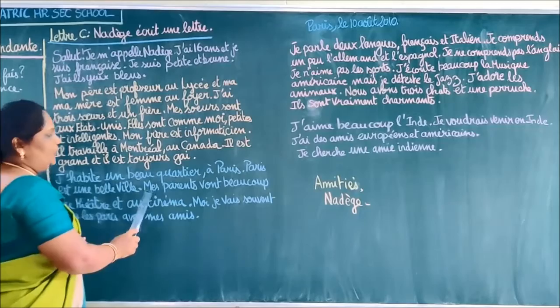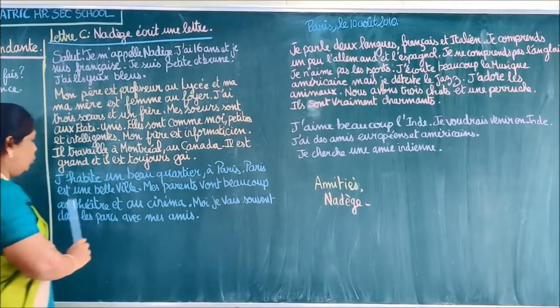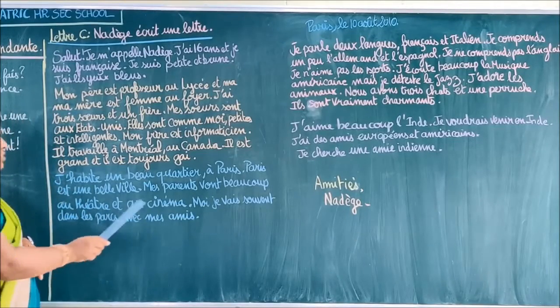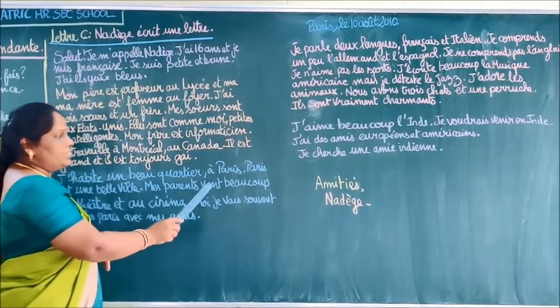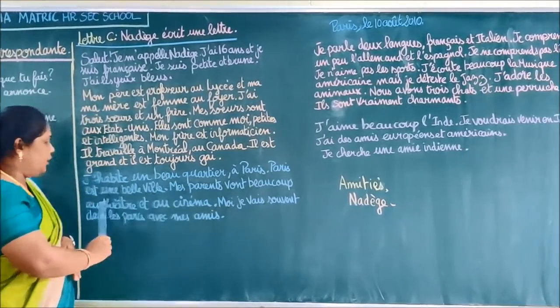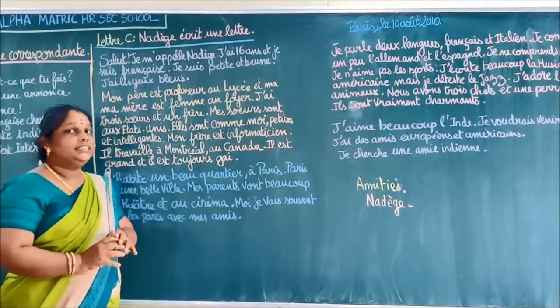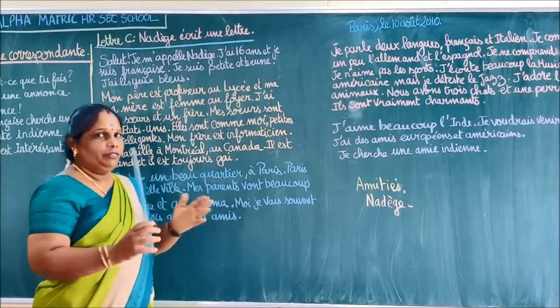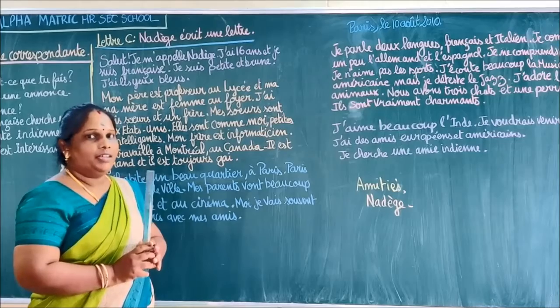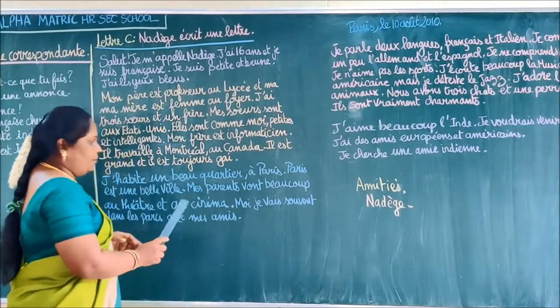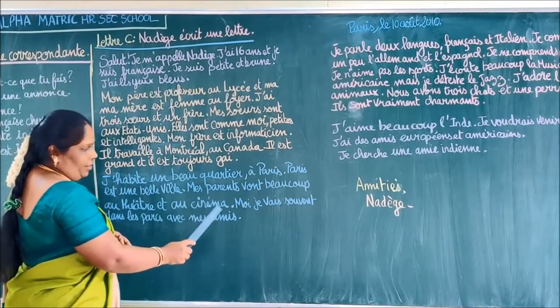Mes parents vont beaucoup au théâtre et au cinéma. So my parents go a lot to the theater. Theater here means drama. So they look for many dramas, and they go to the cinema.